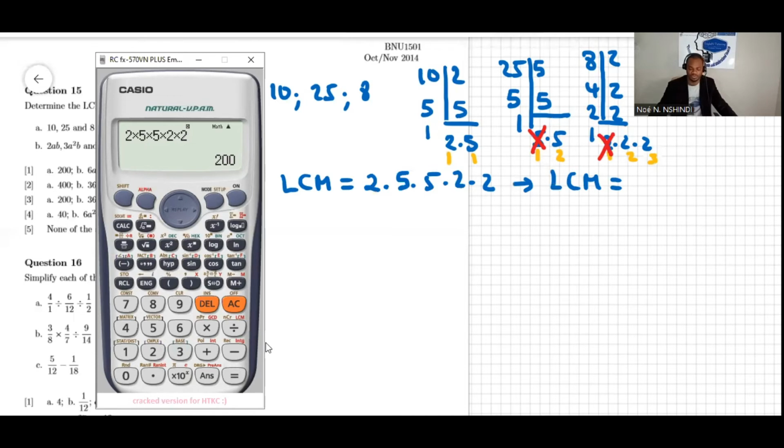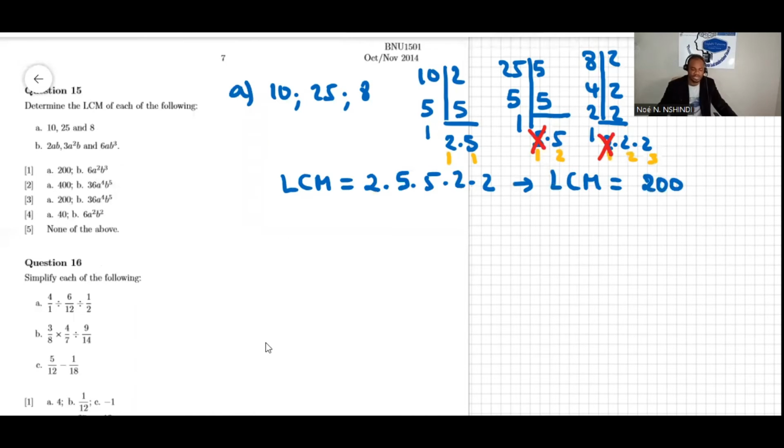This is equal to 200. We got the LCM here, and I already know that it cannot be this alternative because we have 200 already. I also know that it cannot be alternative 4 either. So I've reduced my chances of getting the right answer.